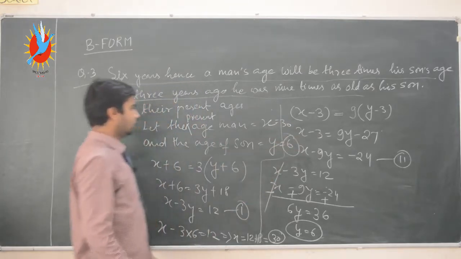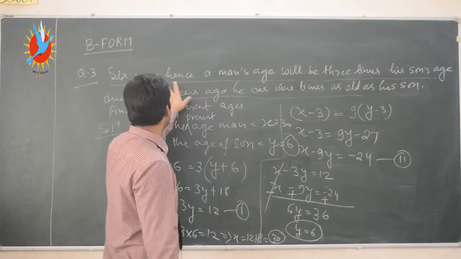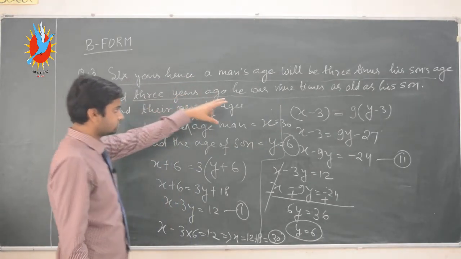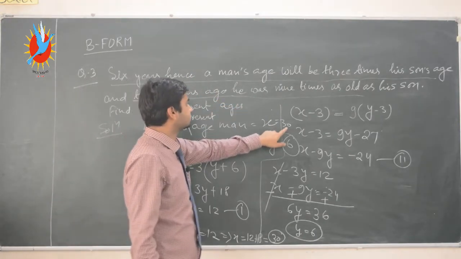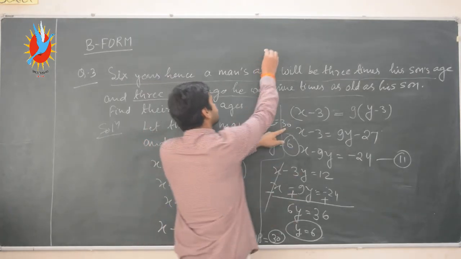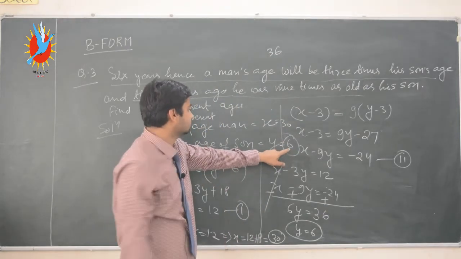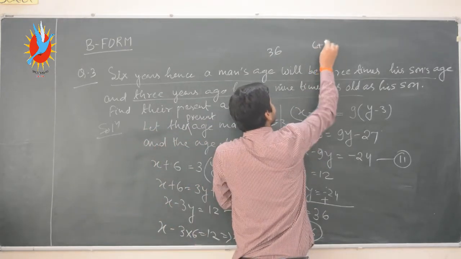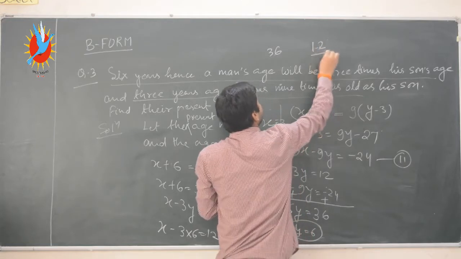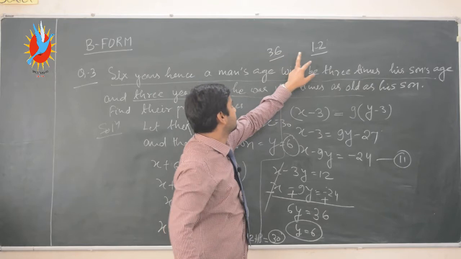Now check whether these two ages satisfy the conditions or not. 6 years from now, the man's age will be 30 plus 6, that is 36. And 6 years from now, the son's age will be 6 plus 6, that is 12. So 12 and 36, this is 3 times.